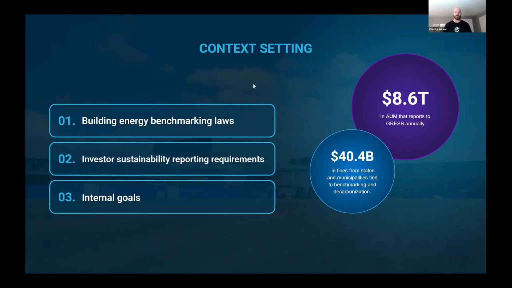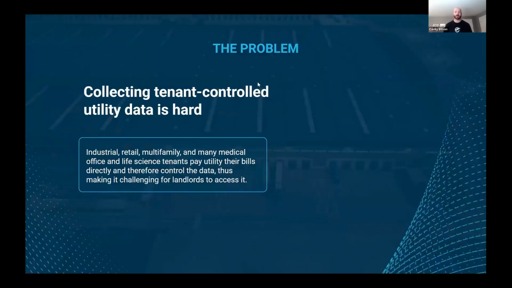So with that, what's the problem, right? In gross lease assets, this isn't really a problem. The landlord typically gets a utility bill for their property. They have all the data coverage they need. There's not really a question around having a utility data strategy.